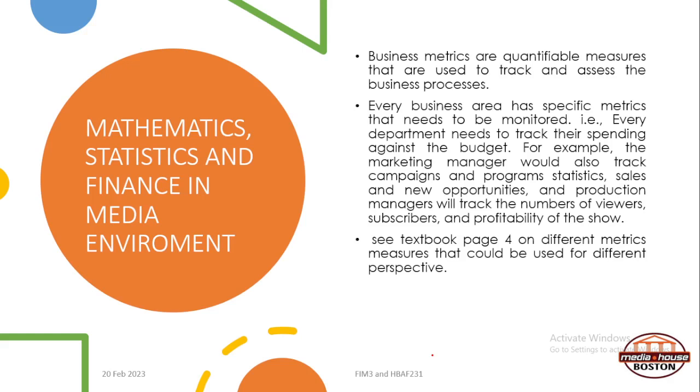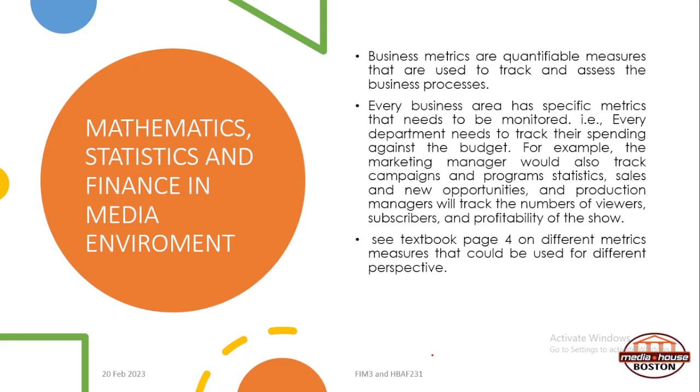Your marketing manager will always track the campaign, how the campaign is going, the program statistics, the sales as well, to say what are our sales, what are we going to achieve this year, what are we currently looking at in terms of new opportunities, what is the likelihood of this actually happening.